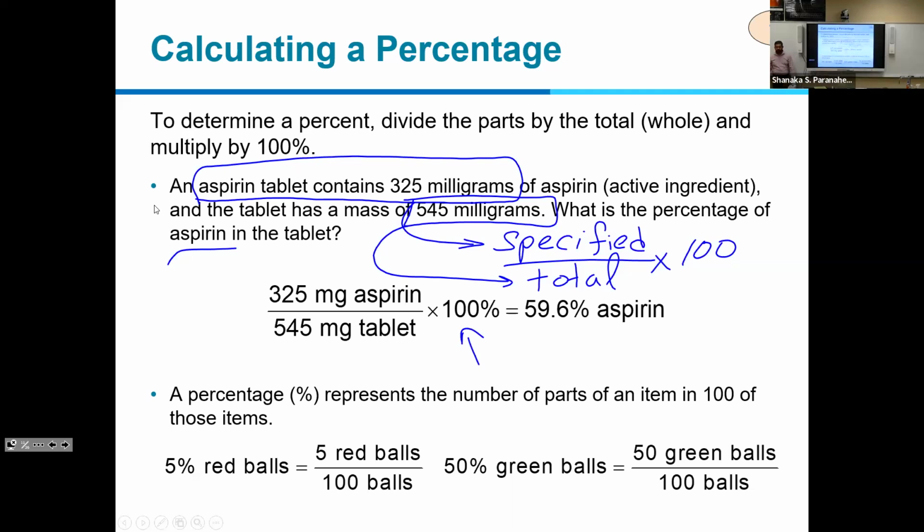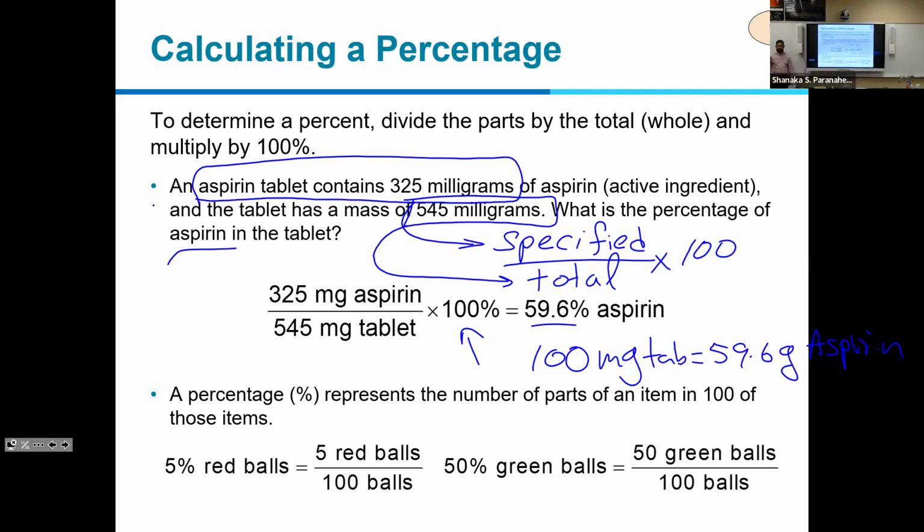So that's the percentage of aspirin in 100. The advantage of this percentage is we can think about it out of 100. So if we take 100 milligrams of that tablet, it contains 59.6 milligrams of aspirin. That's the meaning of that percentage.